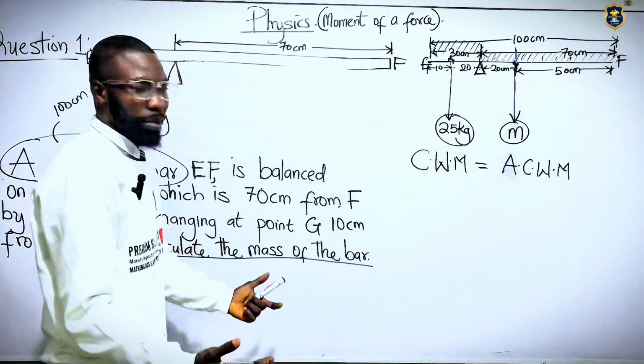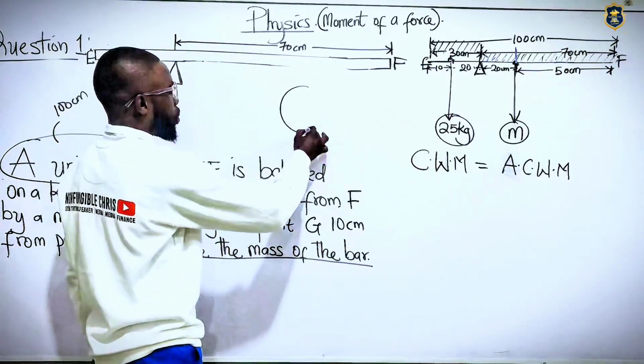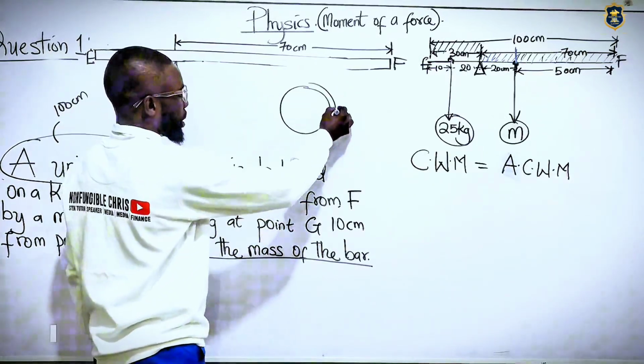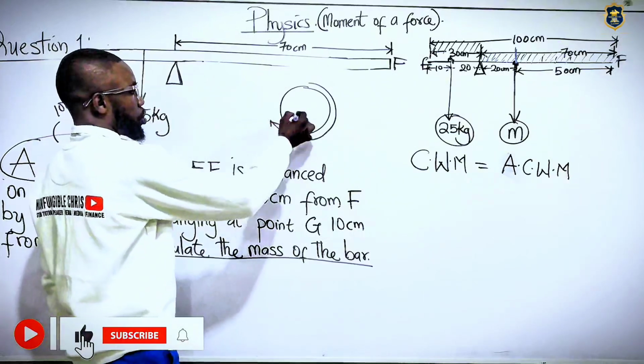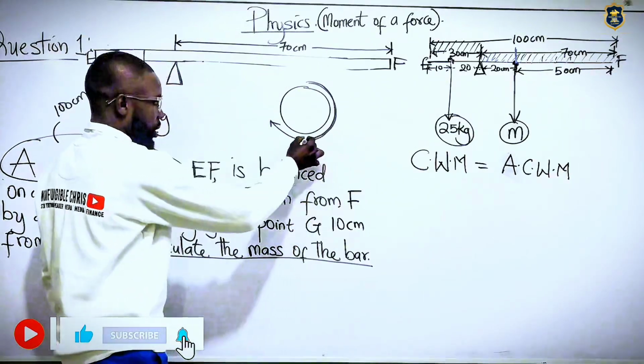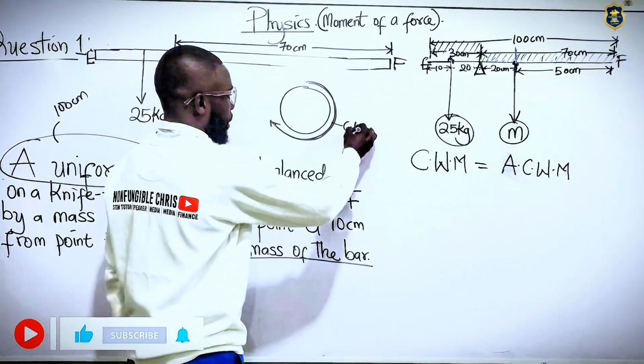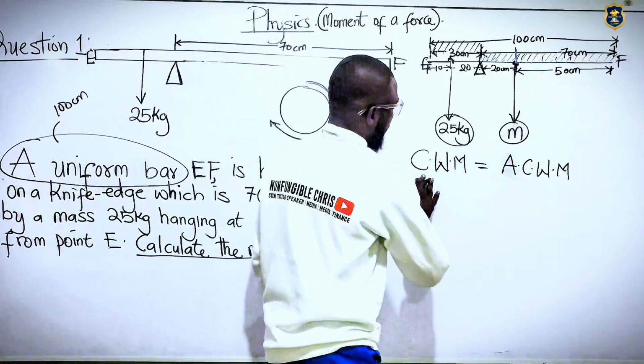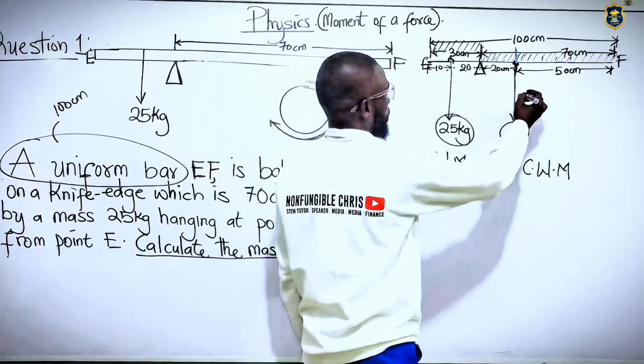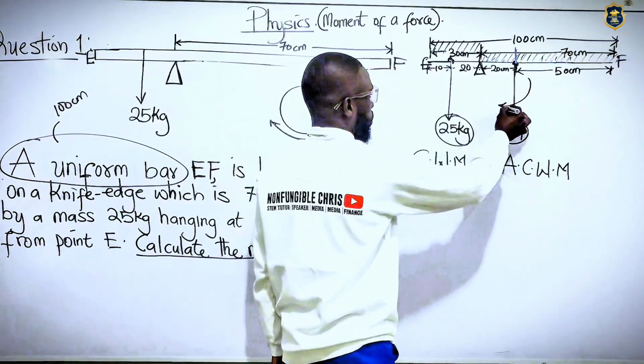So what does clockwise mean? If we have a wall clock, it is always going in this direction. So this is the clockwise moment in this direction.